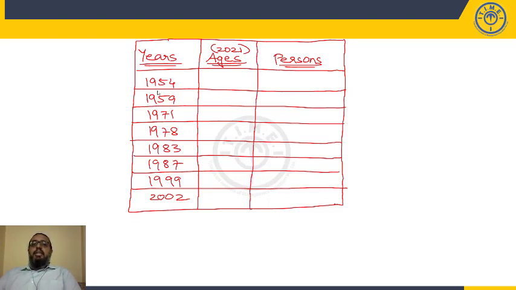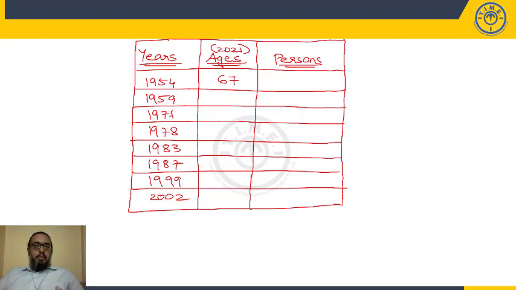Okay, so from 1954 to 2021. From 1954 you have 64, 74, 84, 94, 2004 and 2014. So you have 60 years up to 2014 and then another 7 more years. So it is 67. Now as the years increase, the age will decrease.